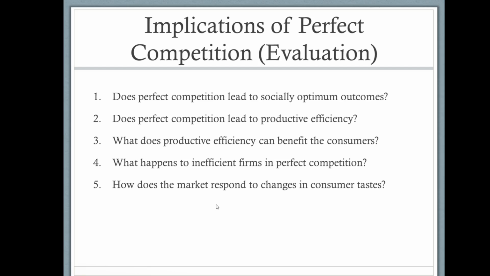All right, and what about number 6? How does the market respond to changes in resource prices? Well, let's say right now, the technology is getting better. So basically, once again, your costs will be pulled down.